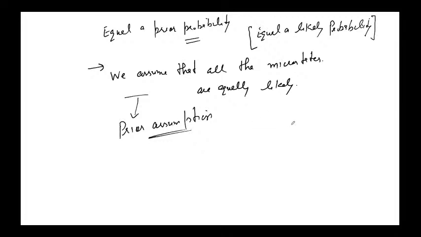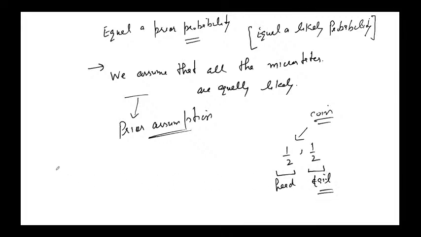Let us say if you talk about a coin, then the probability of head and tail is the same. This represents the equal a priori probability: there is the same probability of head coming and the same probability of tail coming.